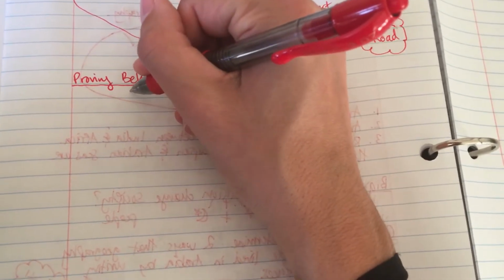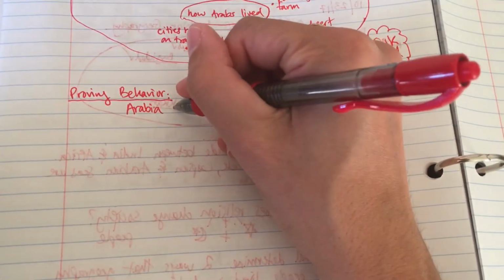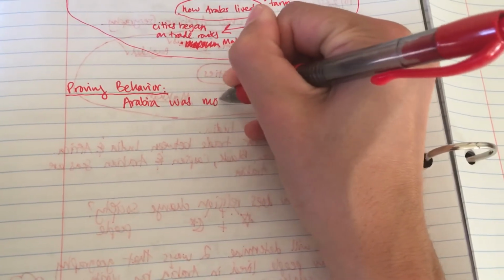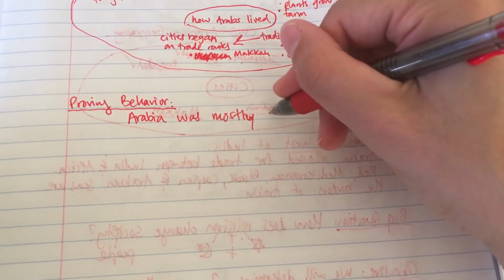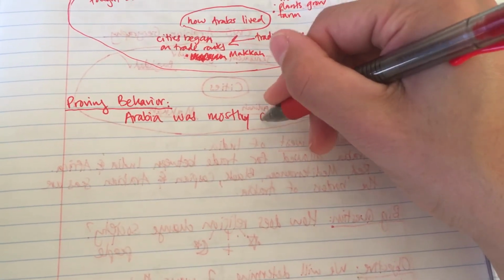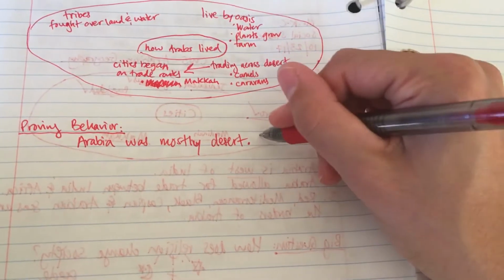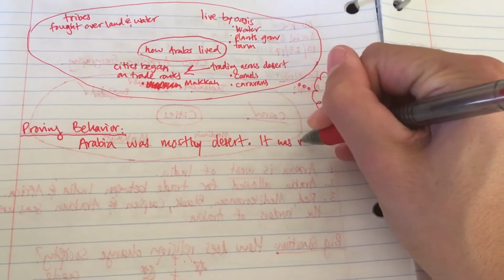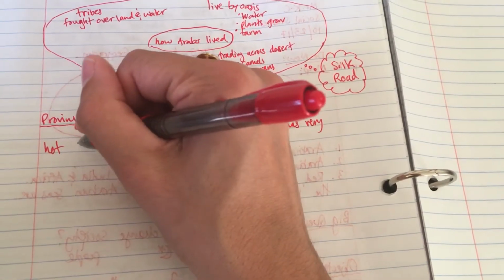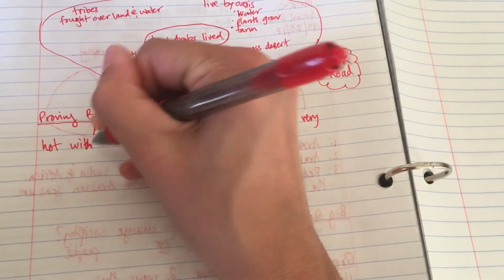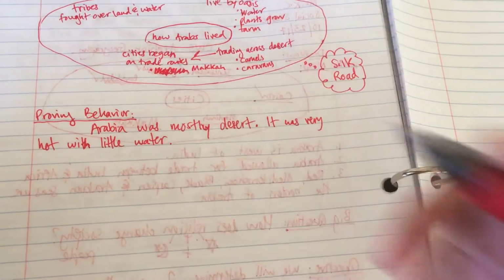So I'm going to start by saying, Arabia was mostly desert. It was very hot with little water.